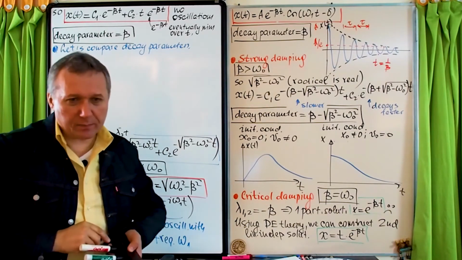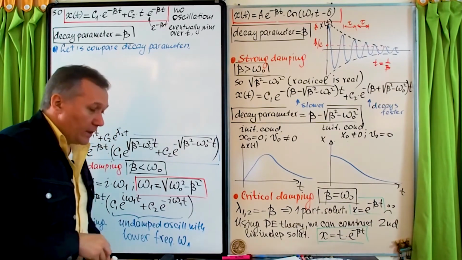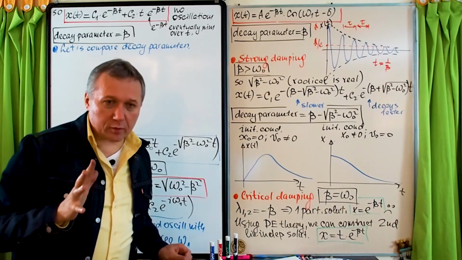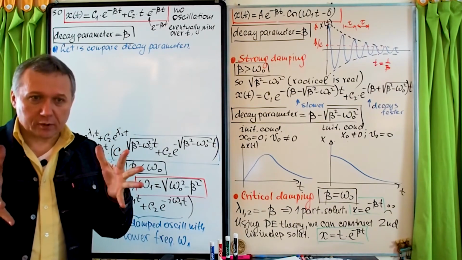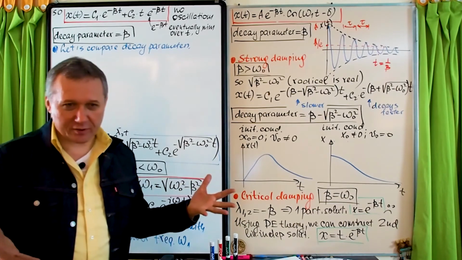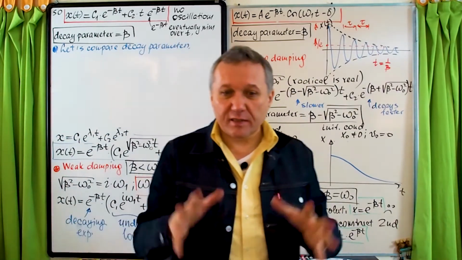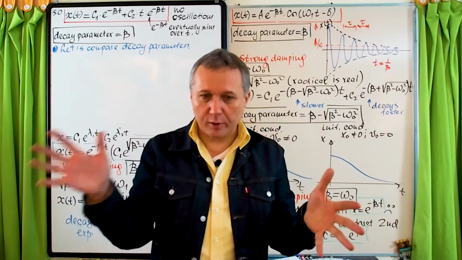First, I will create a table like in the book. We need to understand how we look at this situation. The system is the mass spring, and of course, in general, it can be more complicated than that. The system is given, so the natural frequency is determined. We're not changing that.